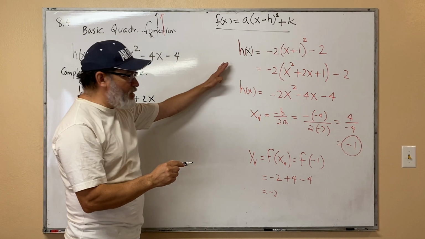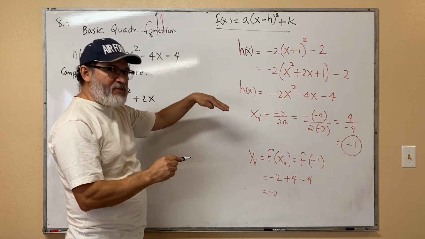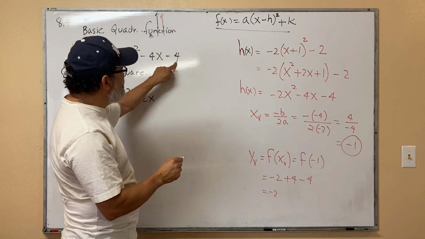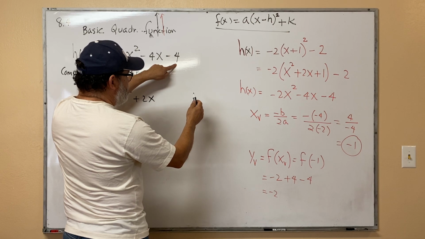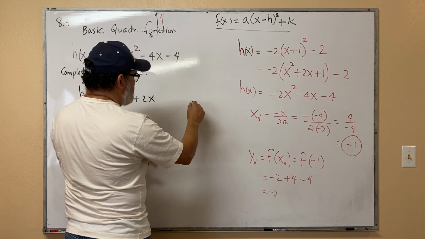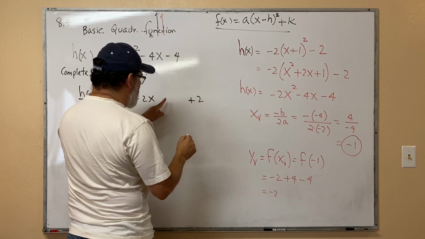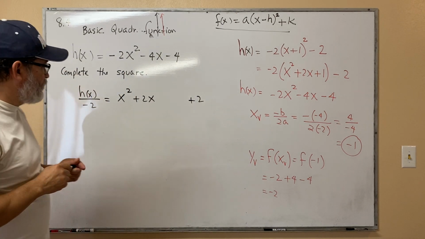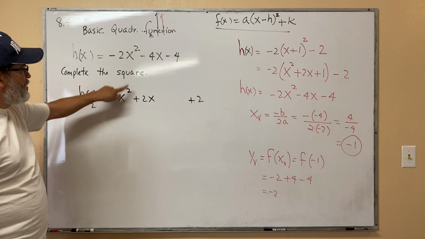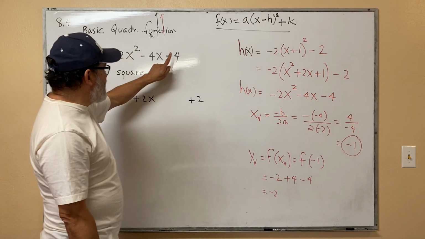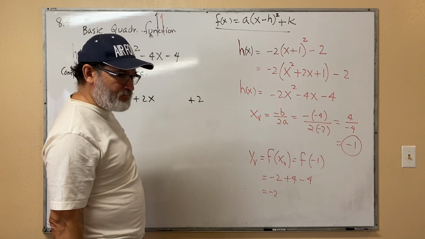Push this aside, you want to make room, but divide it by -2. Divide this by -2, divide this by -2, divide this by -2, divide this by -2.